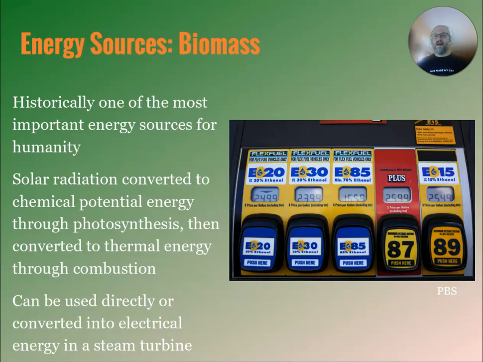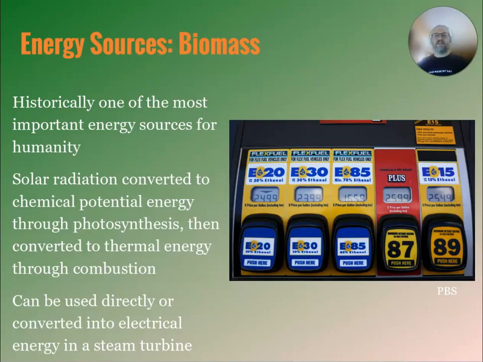So we're using biomass energy anytime you put wood in a fireplace to heat your house or cook over a wood fire, which is how people got warmth and cooking for most of human history. We can also put biomass into some sort of an engine to get other types of energy out of it. So the photo there shows a gas pump where you can get ethanol.